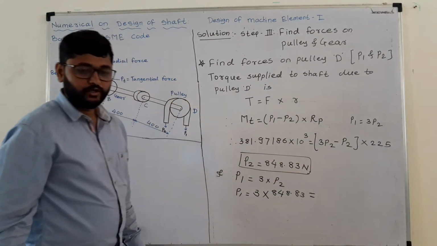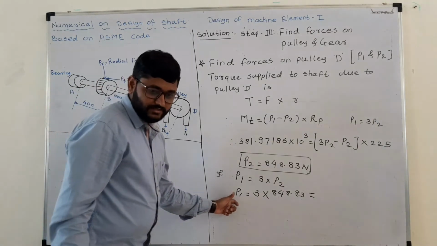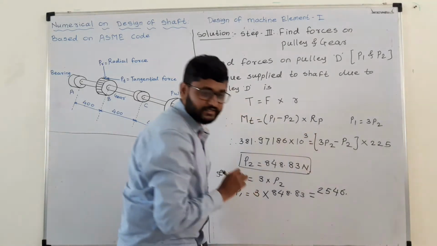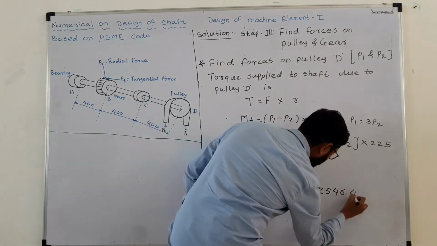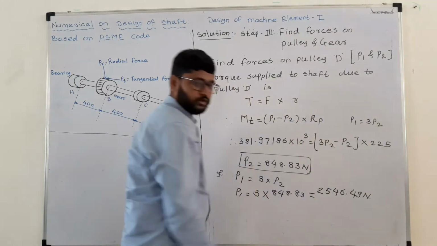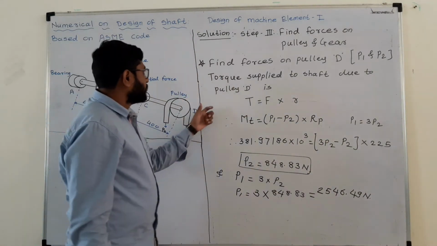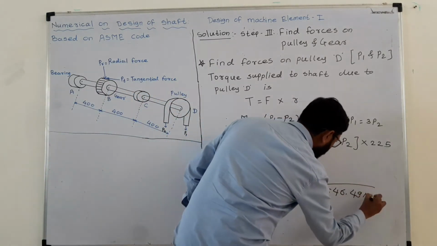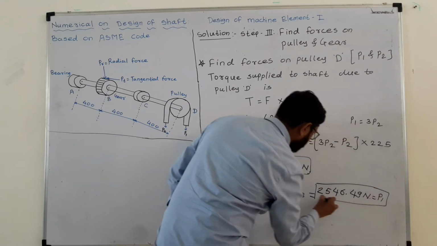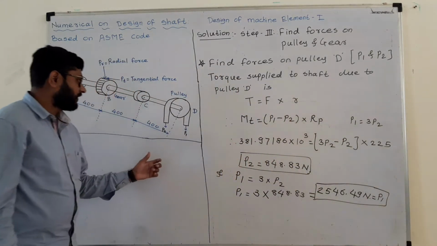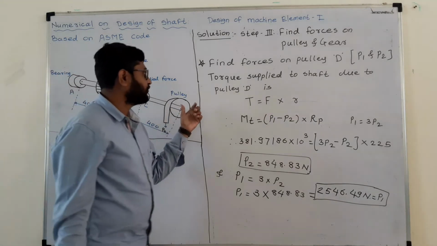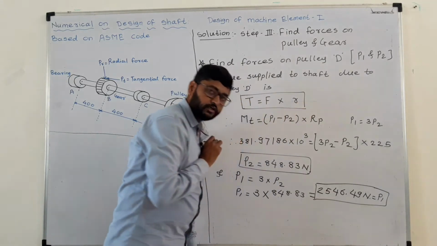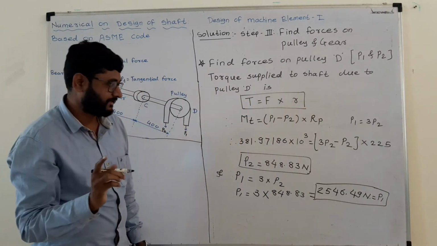By calculation we get the answer for P1 as 2546.49 Newton. So in this step we calculated the forces acting on the pulley D by using the standard relation: torque equals force into radius.